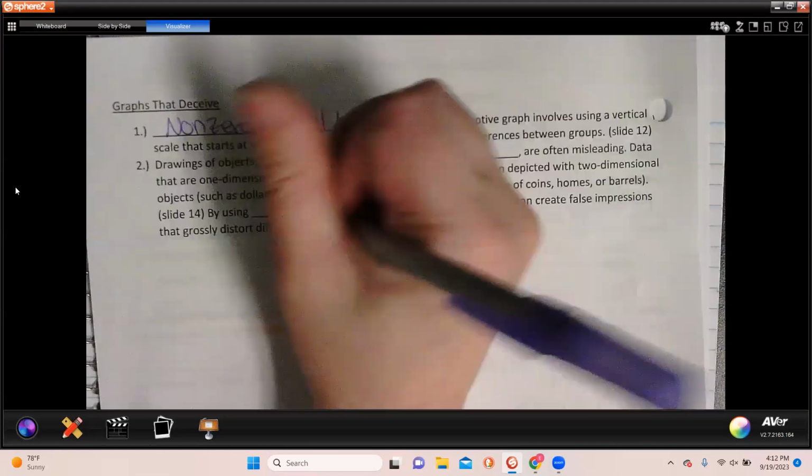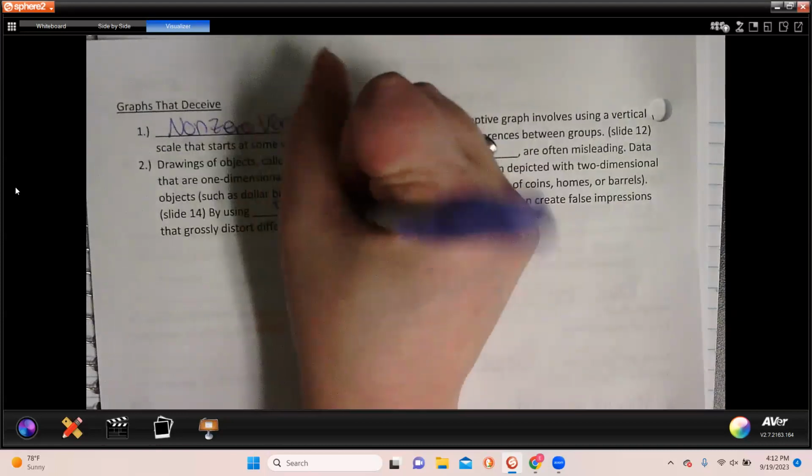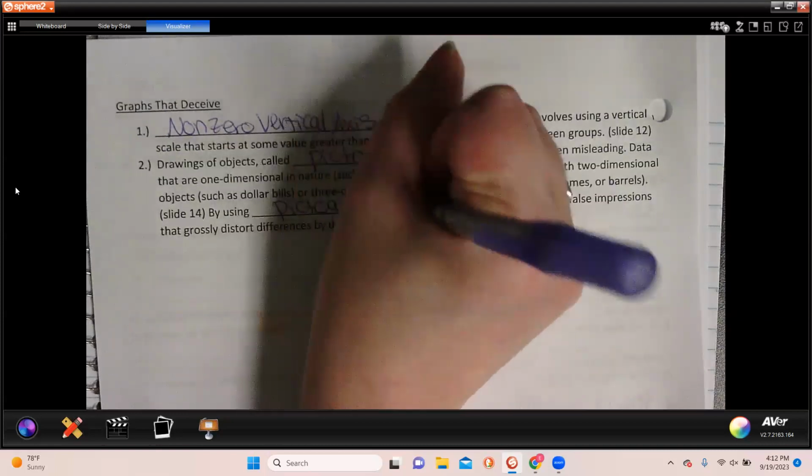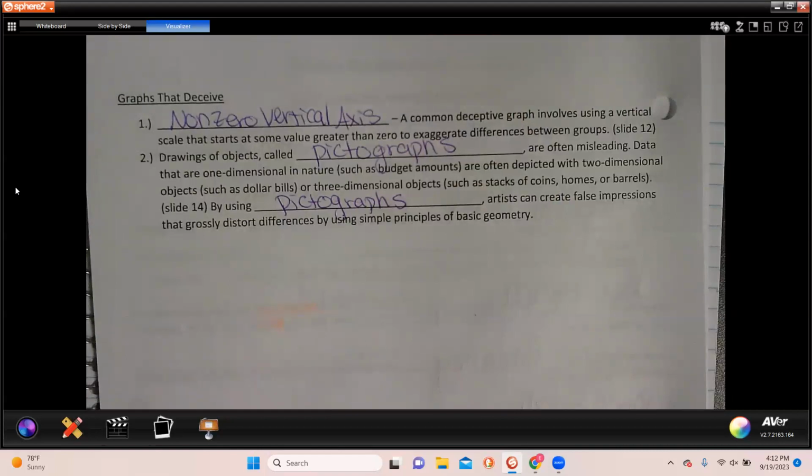By using pictographs, the artists can create false impressions by making something much larger than it is. This will just change how people view it. It'll look like the budget is huge, even if it's only $100, or it'll look minuscule when it's in the trillions. That's not okay, and we need to be very careful about that.